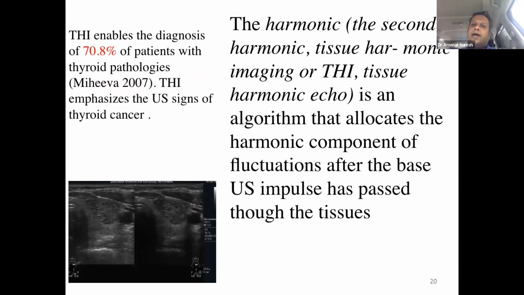Then there comes harmonics. Harmonic is basically an algorithm. Normally in harmonics, what happens is that high pressure signals will travel faster compared to low pressure signals. So this will create a characteristic difference.